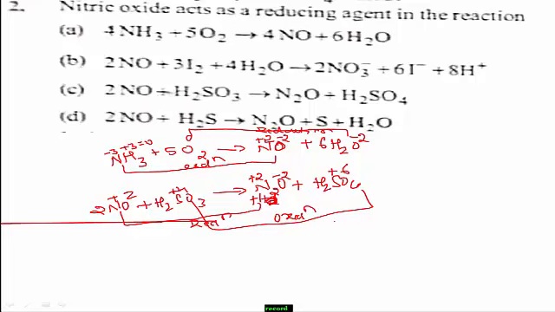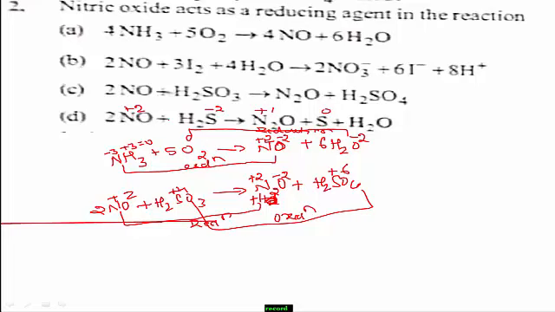In the third reaction, in NO the nitrogen oxidation state is +2, and H2S is given, where sulfur is -2, and sulfur in the elemental form is 0, and in N2O nitrogen is +1. So here also both oxidation and reduction take place.